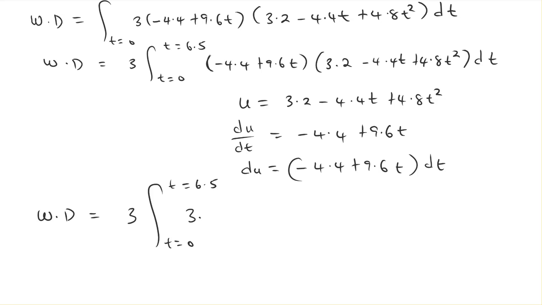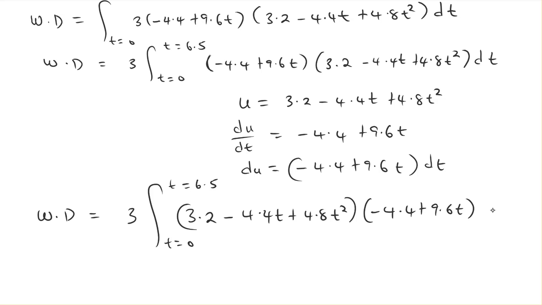So I have 3.2 minus 4.4t, I'm just rearranging, plus 4.8t squared, multiplied by the first expression here, negative 4.4 plus 9.6t dt. And now we can see that this whole expression is simply du.